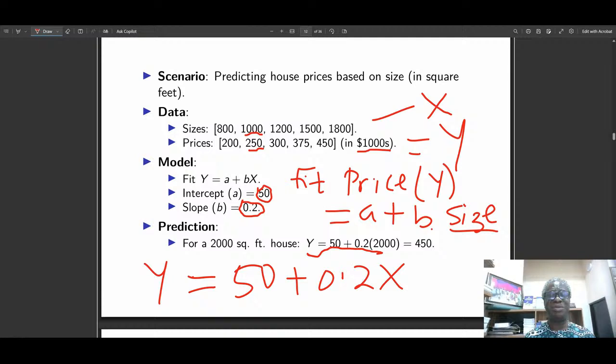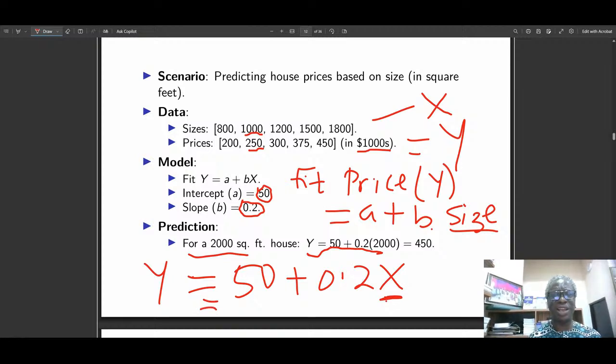But the question is, suppose you want to predict the price of the house for a house of 2,000 square feet. So in that case, we are given the value of x. So that's how we will now substitute.